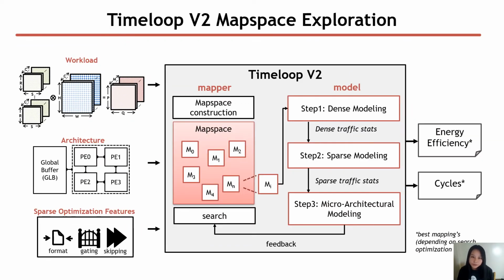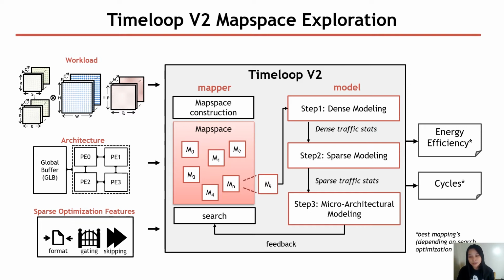And very briefly, Timeloop V2, just as Timeloop V1, also supports Mapspace exploration. As we have discussed, you could map a workload onto an architecture in many different ways. There are some mappings that work really well, and some that don't really work. Timeloop allows us to perform automatic Mapspace search. In this figure, the Timeloop box on the right is our 3-step modeling.